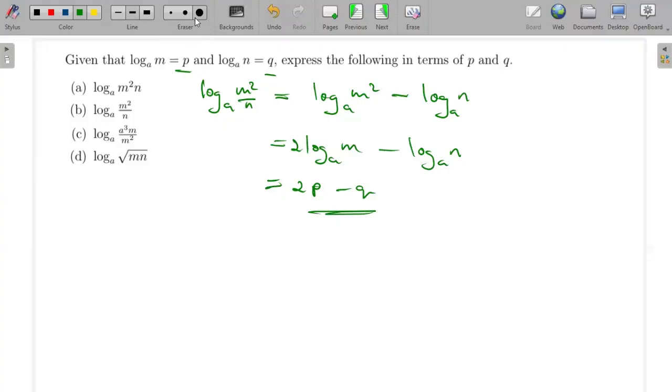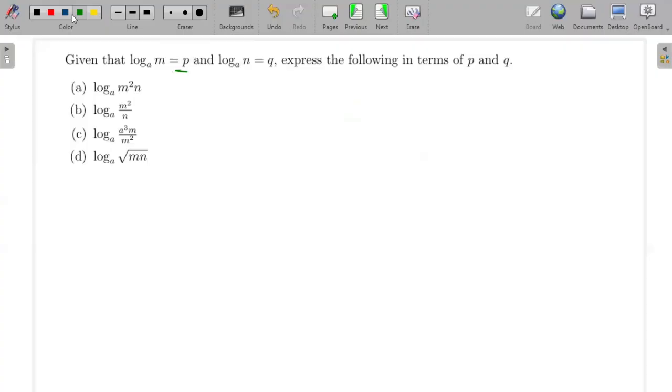All right, let us move on to the next one. So the next one, if there's any question, feel free to ask. So you have log, and then the base is a, and then you have a to the power 3, and then you have m, divided by m squared. Okay, so let us work out this one.